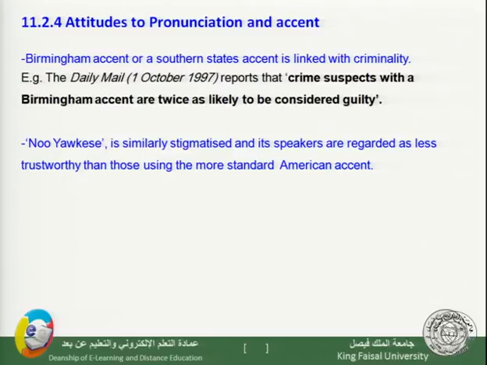So those who speak the Birmingham accent, the southern state accent, and the New York accent will encounter prejudgment, will have a stereotypical understanding of their behavior, to the extent that we sometimes associate the Birmingham accent or the southern state accent with being a criminal. So there is an association between a specific accent and criminality sometimes, and between a specific accent and being a non-trustworthy person.